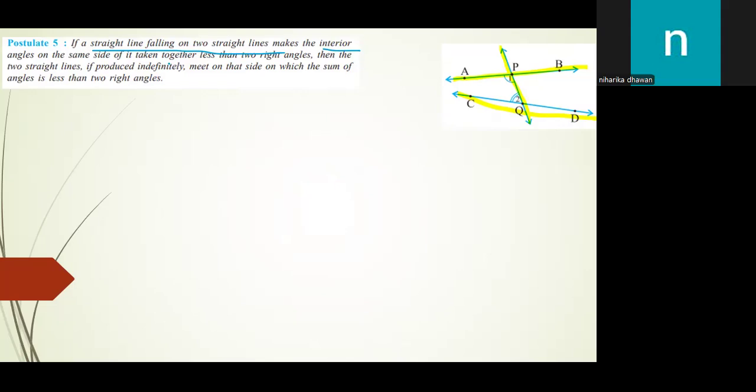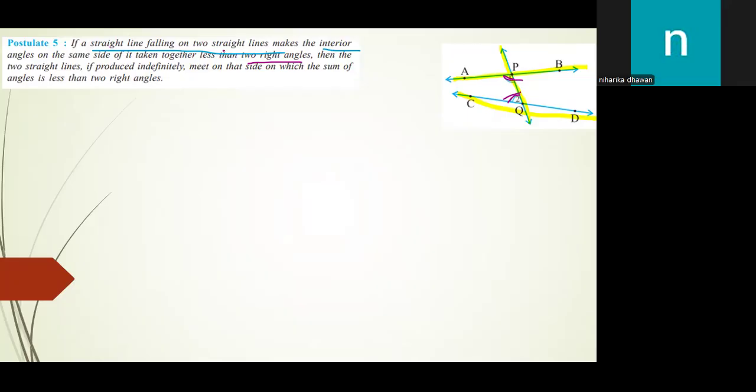Where are the interior angles? So these two are the interior angles, less than two right angles. As we can see, these two angles are not right angles.